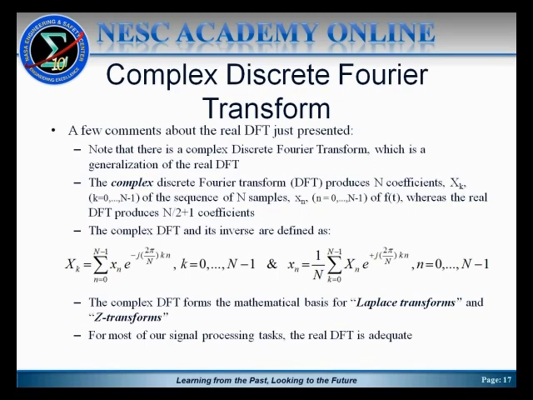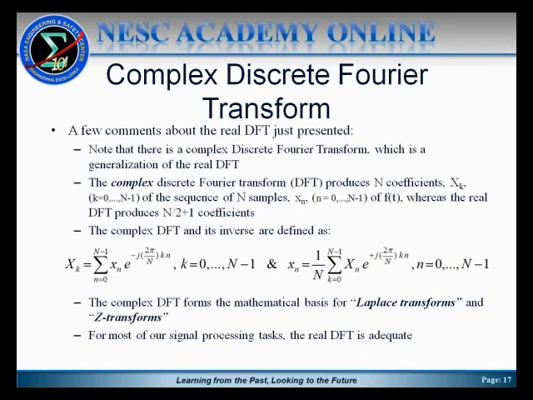So if you add those up, you say, wait a minute, that's more than n. Well, also recall that the imaginary part is by definition 0 at k equals 0 and k equals n over 2. So in effect, the real DFT also produced n samples. They were just called real and imaginary.